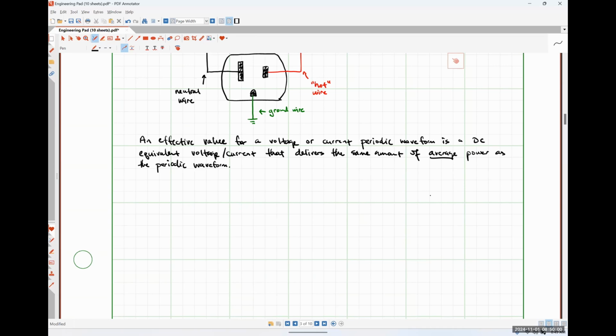So let's say that I have a resistor. The average power absorbed by my resistor could be expressed as 1 over T times the integral from 0 to T of the voltage drop across my resistor squared divided by my resistor value itself, where that V squared over R is literally just the instantaneous power absorbed by a resistor.